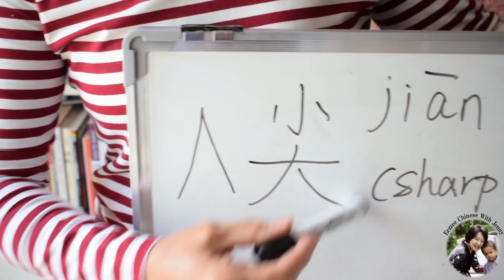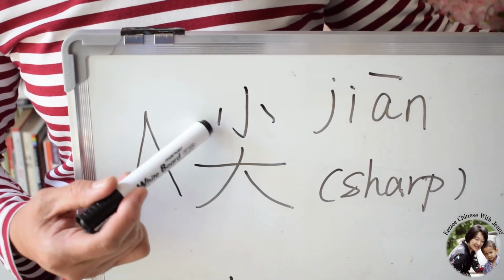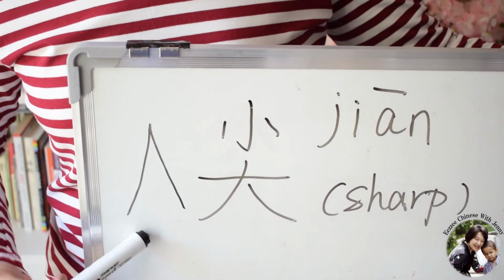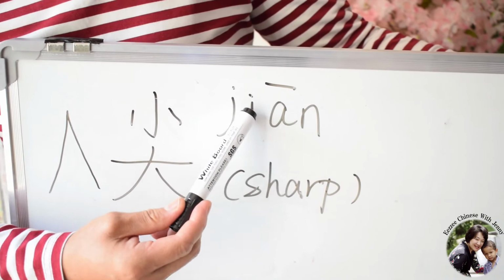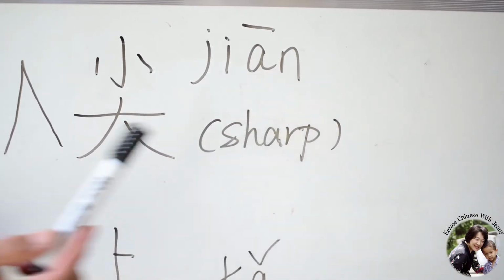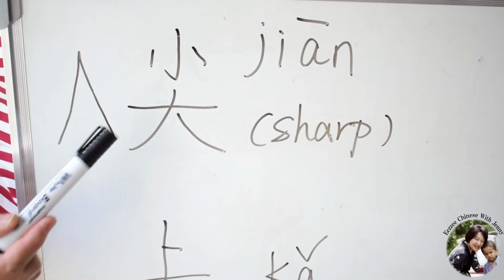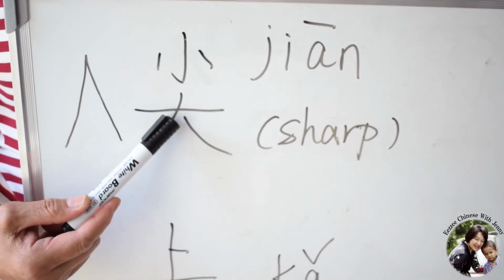So this word means sharp or pointing. The pronunciation is jian. 尖 means sharp or pointing. Remember, small on the top, big on the bottom.